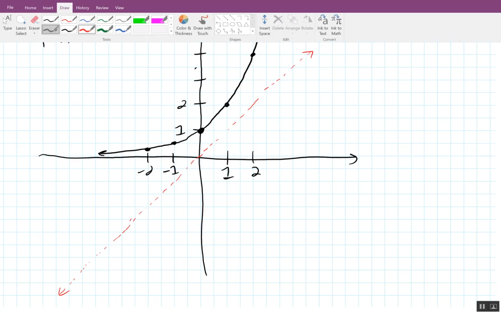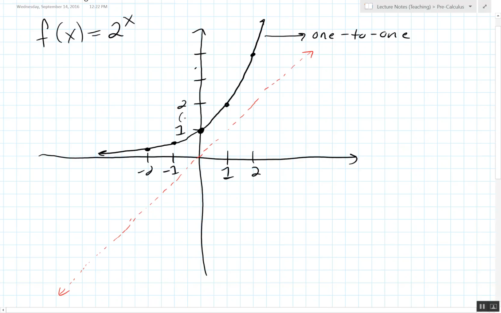So instead of having 0, 1, we'll have the point 1, 0. Instead of having the point 1, 2, we'll have the point 2, 1. Instead of having the point 2, 4, we will have the point 4, 2.